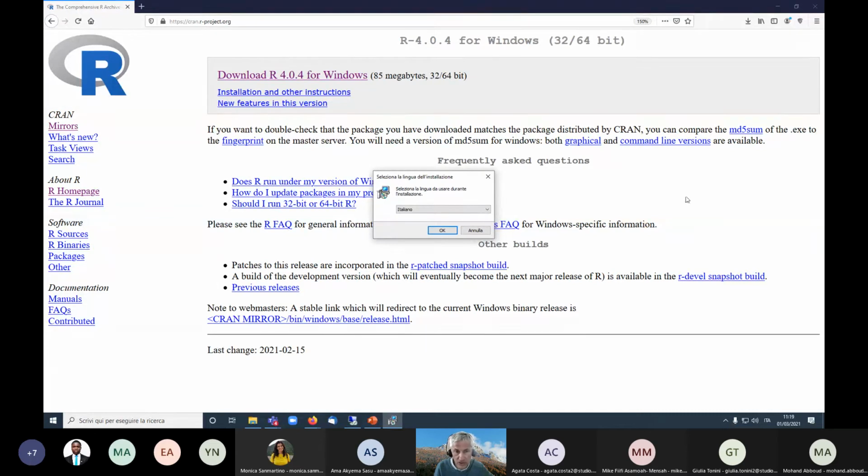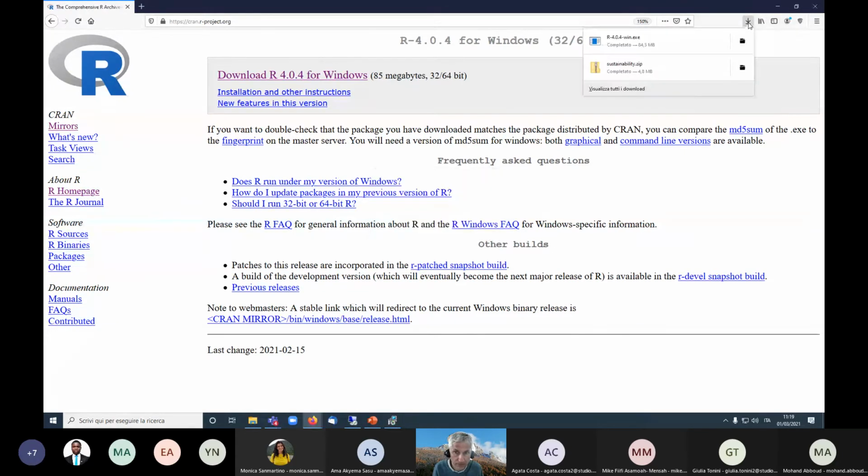Now I get the language to use during the install. I choose English because I want to use the version that also you will use. Okay. Let me click on OK. Before I move forward, I hope that you could follow me. The only thing I am doubtful of is if you could find the executable, because I clicked on the arrow in my Firefox browser to get it.